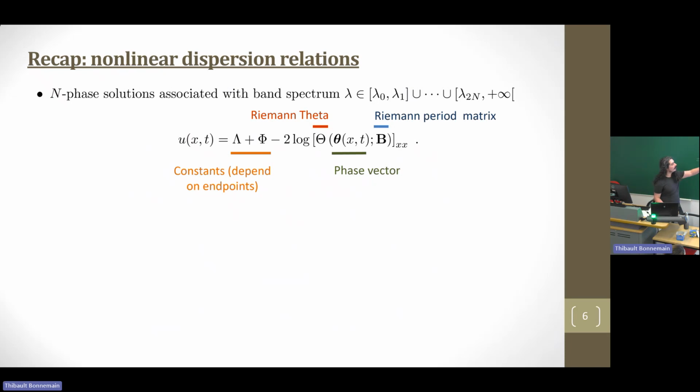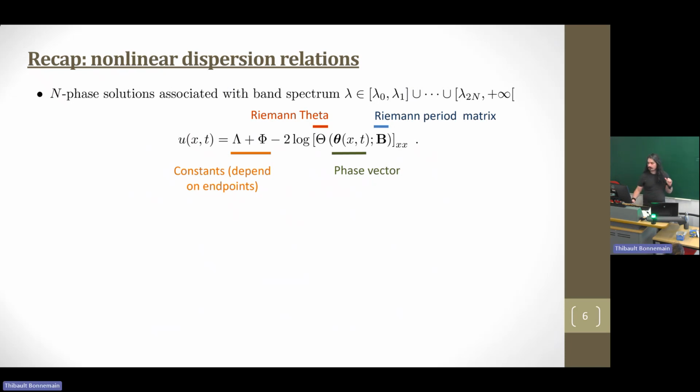Here lambda and phi are constants, and P here is a so-called n-by-n Riemann matrix. All these objects depend non-trivially on the endpoints of the bands. I won't remind you how, but we know how to compute them given the spectrum.